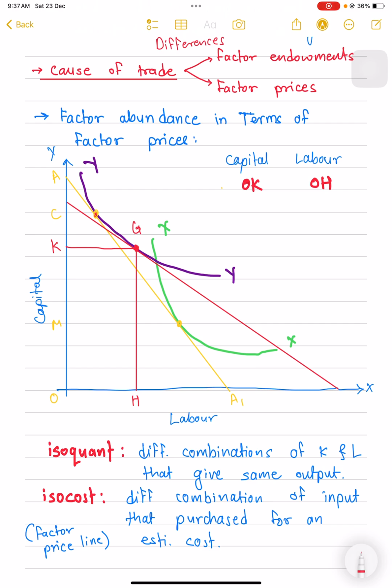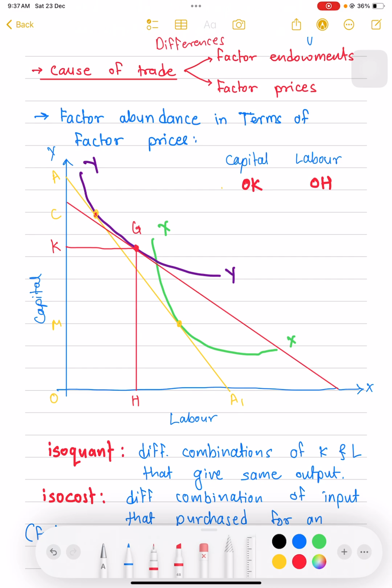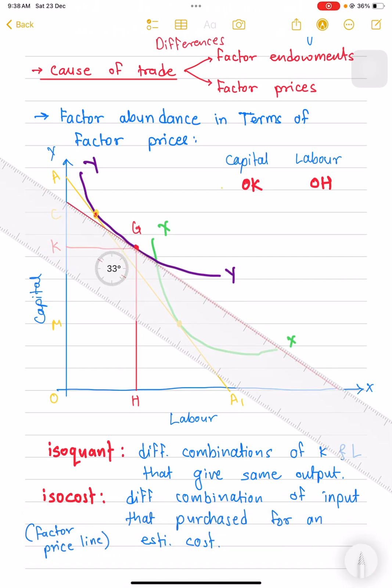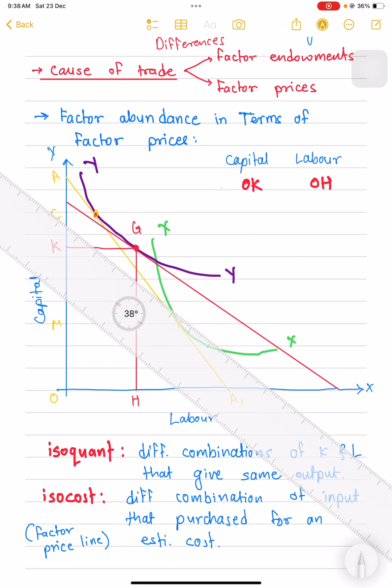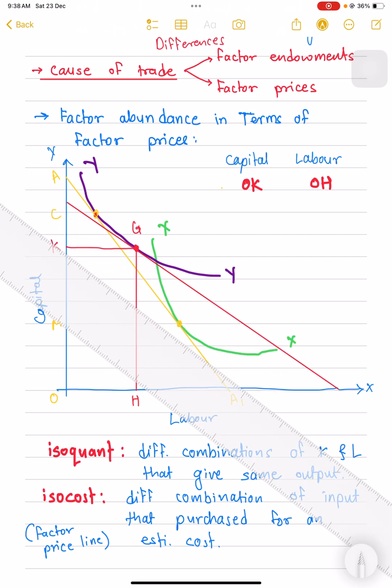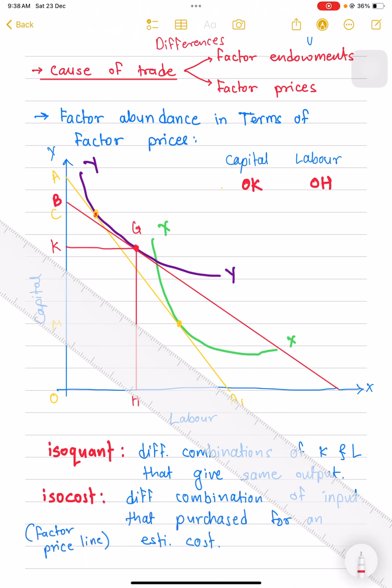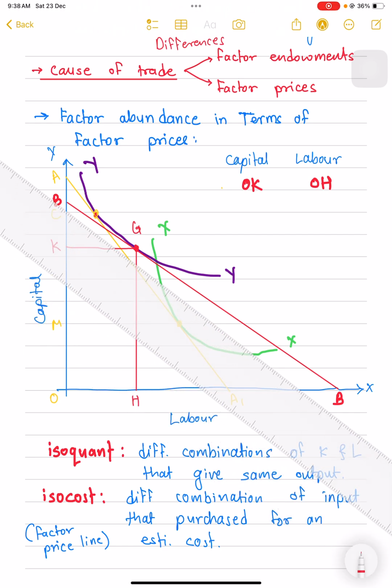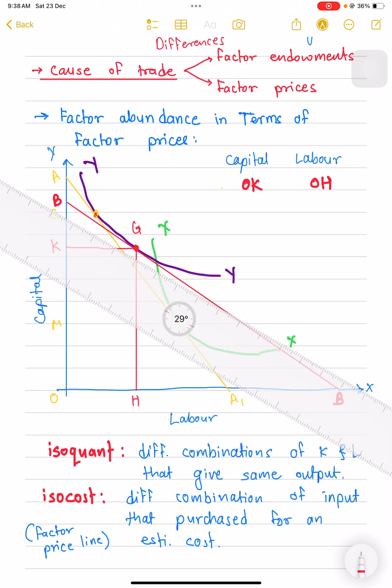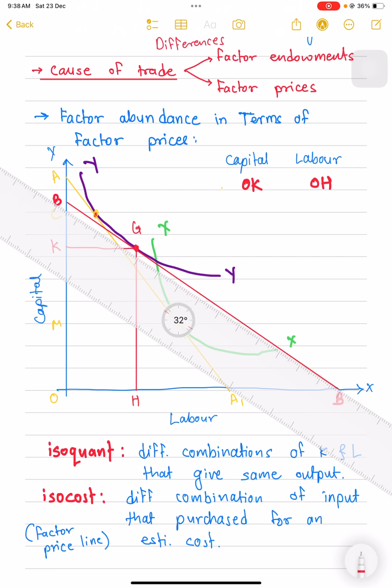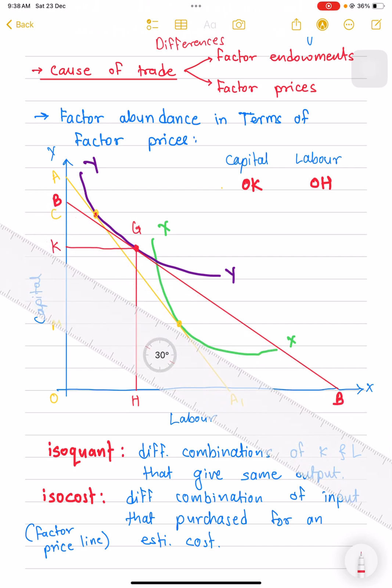Now we will draw a similar, parallel line to this isocost line B. We will draw a similar isocost line which will give us a similar slope.